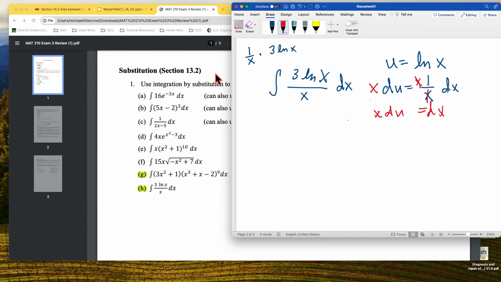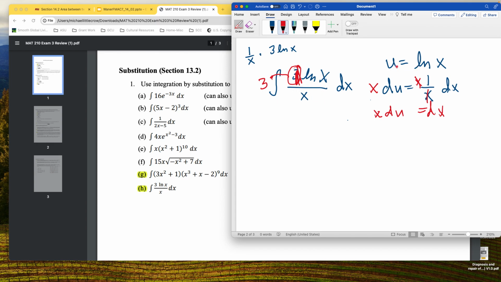Whenever we have a number, we can also always at the very beginning just take it out, and then it's not going to bother us, as long as you remember about it later on. You could put 3 natural log of x, and I think it would be okay. But we could also just put the 3 out here and just worry about the function part.